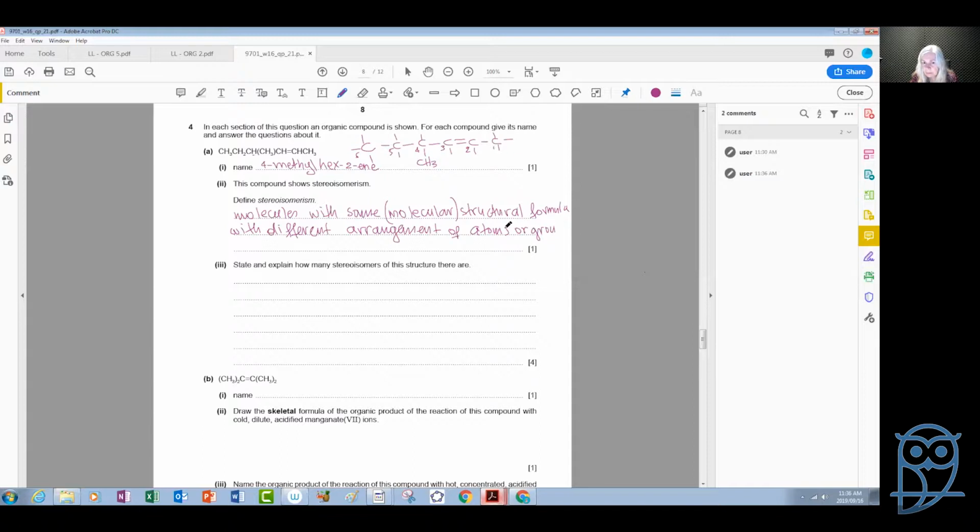Here we have a methyl constituent group.